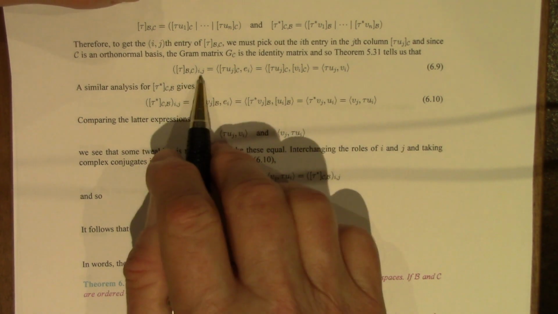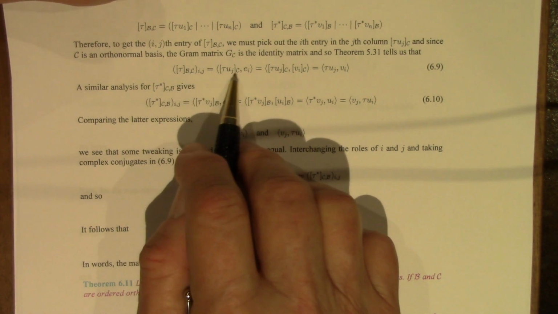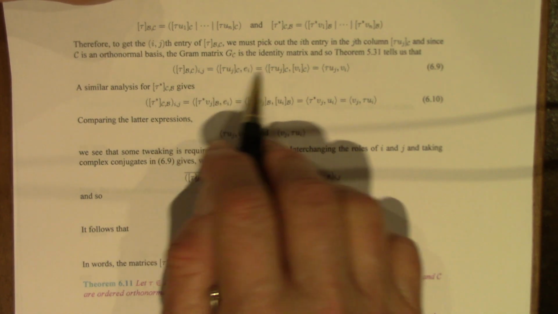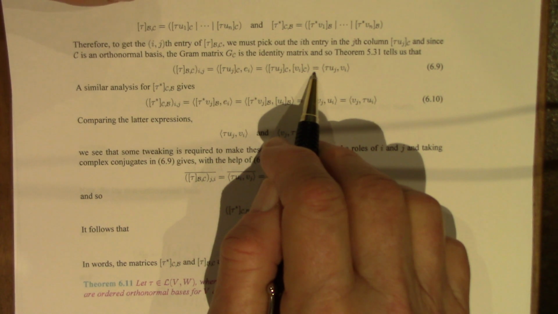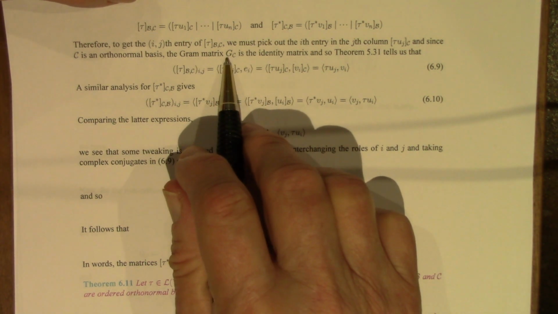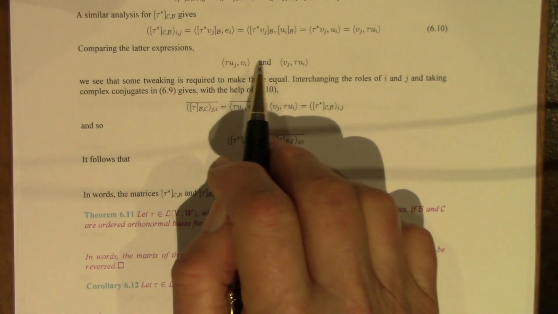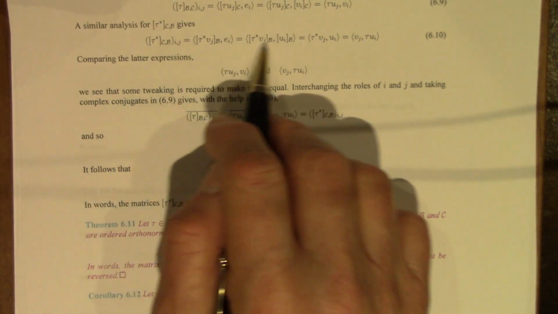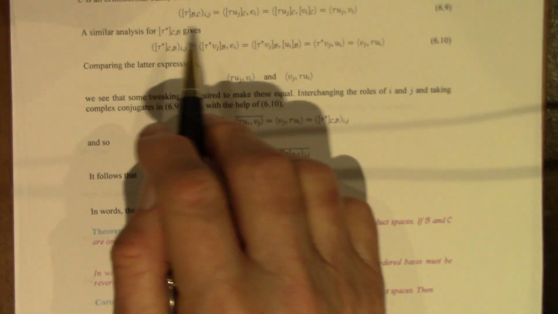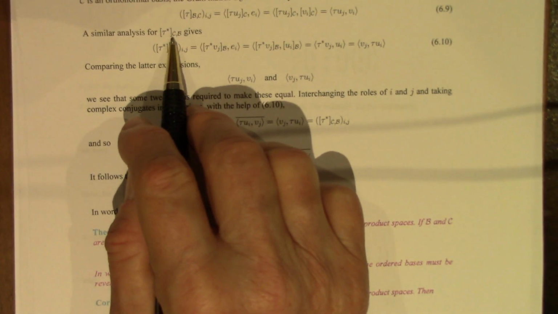Okay. So this is just simple matrix arithmetic all the way up to this last equality, which is a consequence of the Gram matrix formula. We can do exactly the same computation with this matrix representation.